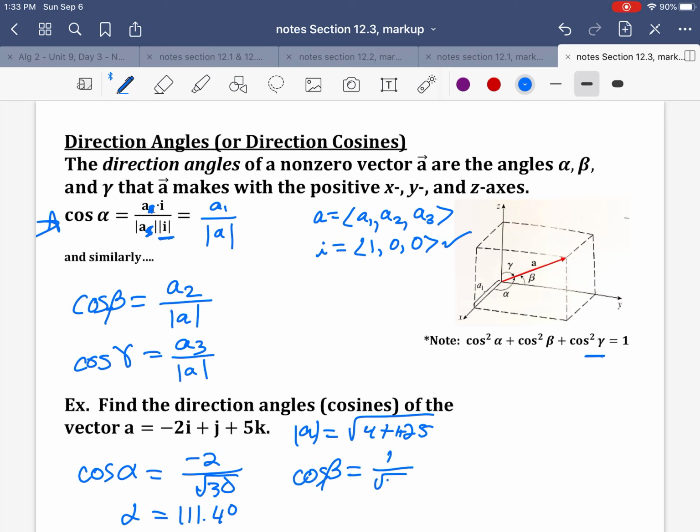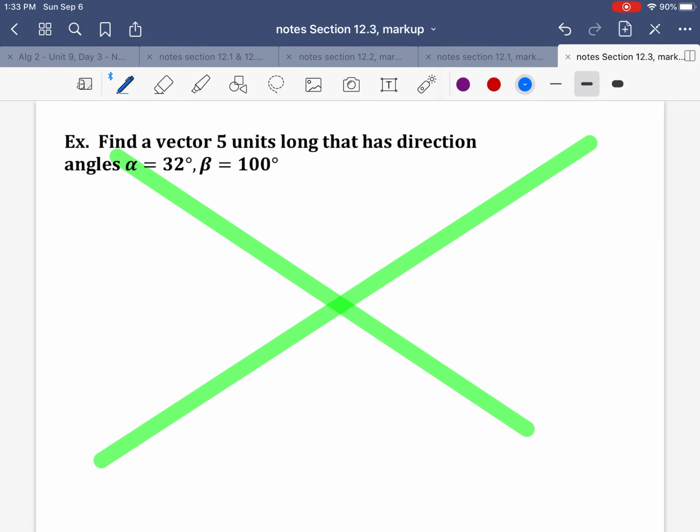Cosine beta would be 1 over the square root of 30, and then beta comes out to be 79.5 degrees. And cosine of gamma, you finish that one. You end up getting 5 over radical 30, and so your angle comes out to 24.1 degrees.